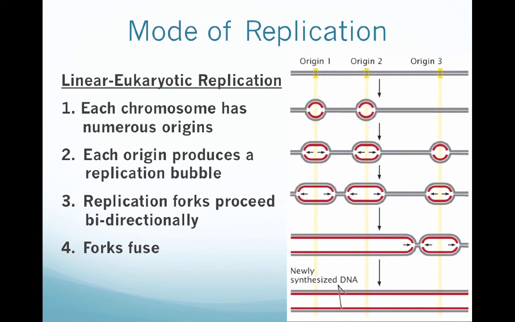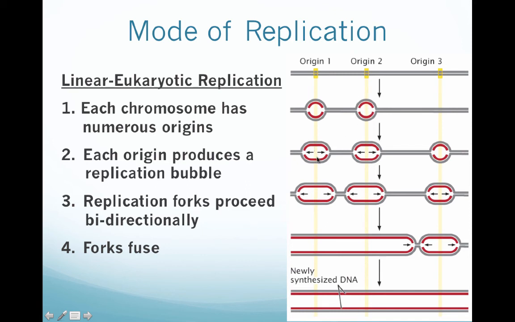So replication in the eukaryotic model looks a lot like this. We've got our original linear chromosome up here at the top, and then we've got one site of origin that is starting to form a replication bubble here, another site of origin that's going to form a replication bubble here.